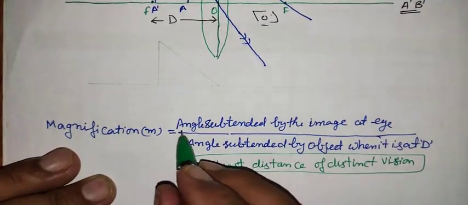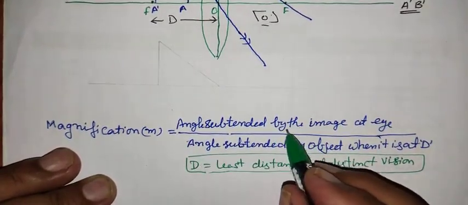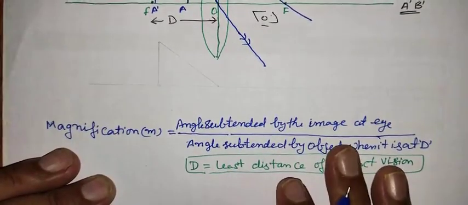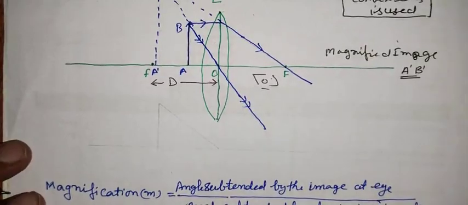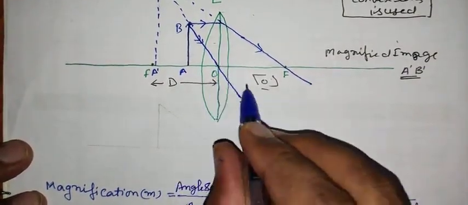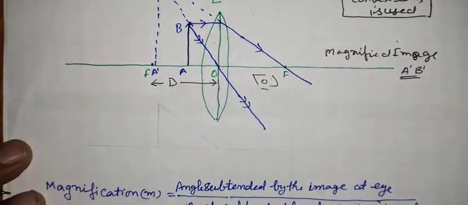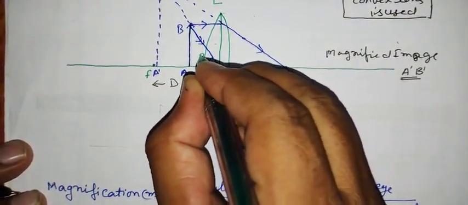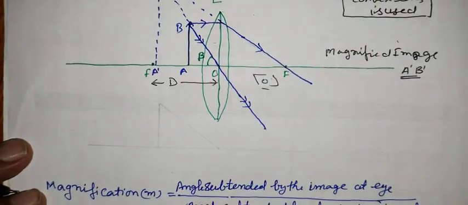Let us see the angle subtended by the image at the eye. The image is formed here. This is the position of the eye at O. So the angle subtended by it is beta. See in the diagram.